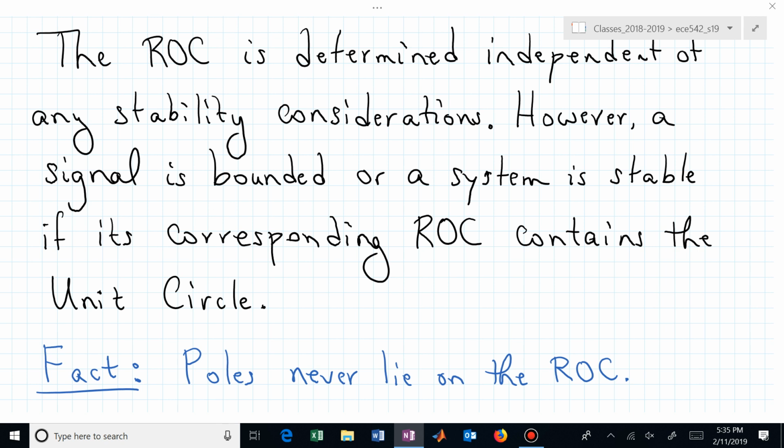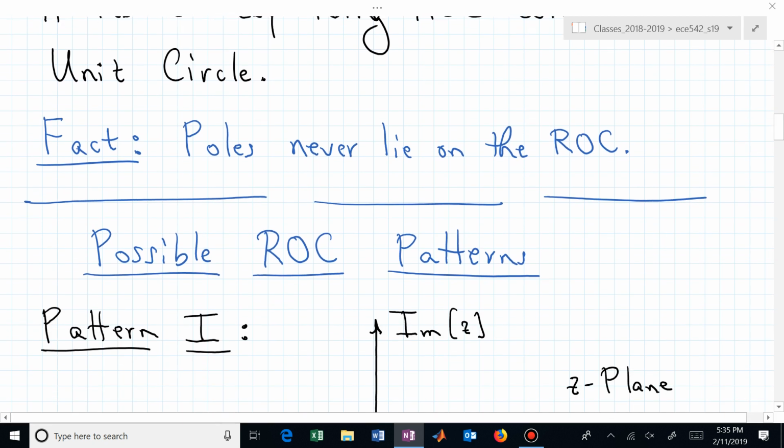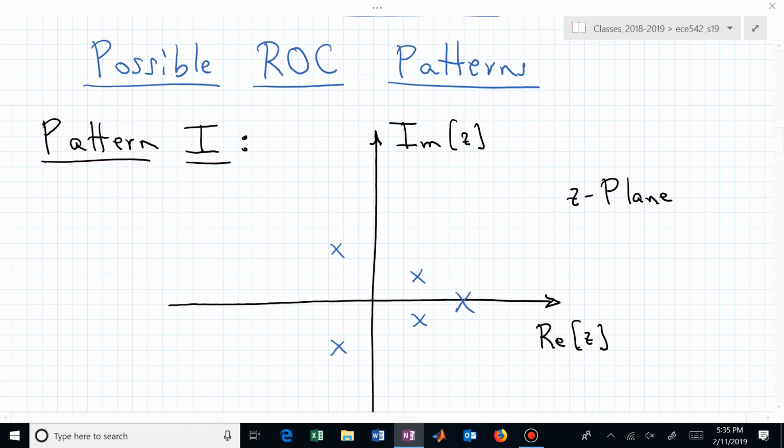The z-plane is going to contain the region of convergence, but that region of convergence cannot have poles lying on top of or in the region of convergence.